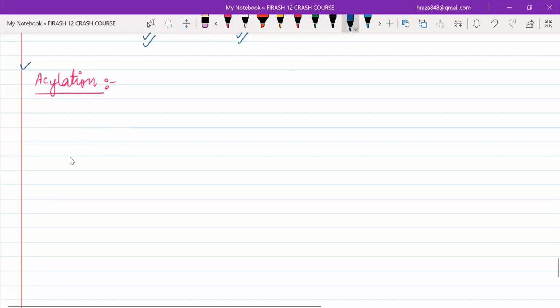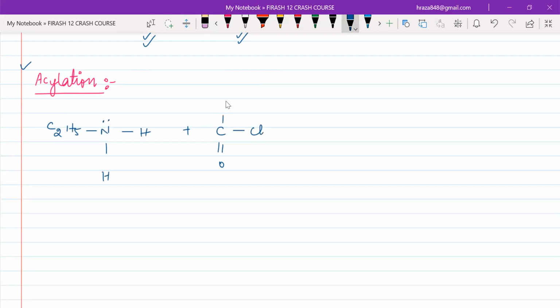Not for all, but for this it is the same. So you can see this is your primary amine, and you know nitrogen will have a lone pair, and this is your acyl halide, and you are going to do this reaction in the presence of this. I will also tell you a short trick for this reaction.